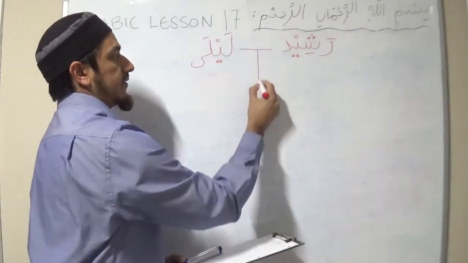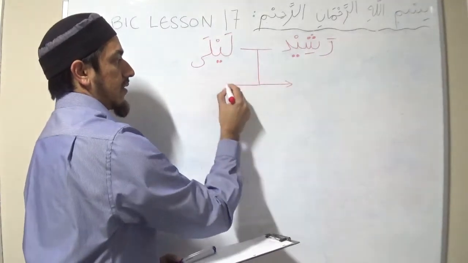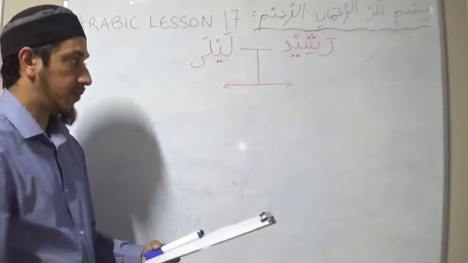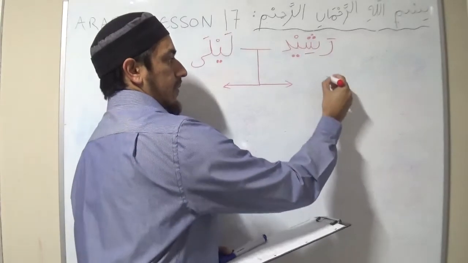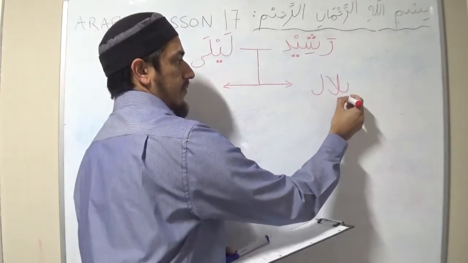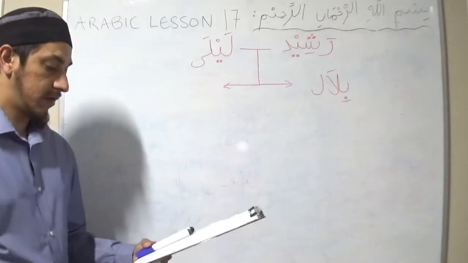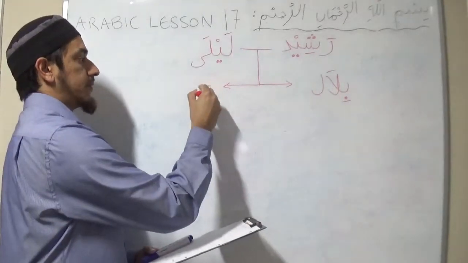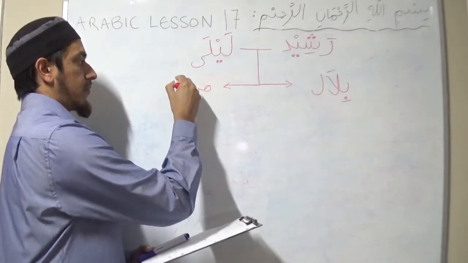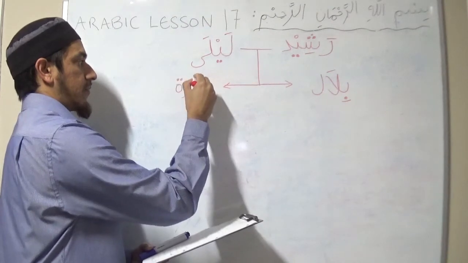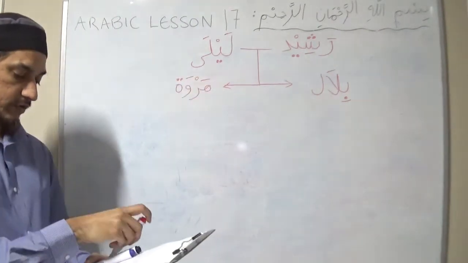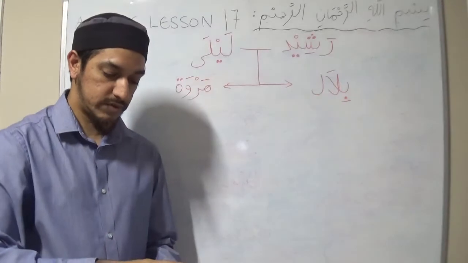And together they have 2 children, Bilal and Marwa. So we'll just make a few sentences with this using personal pronouns.